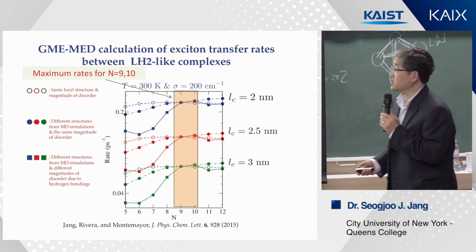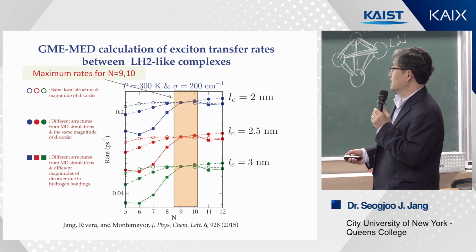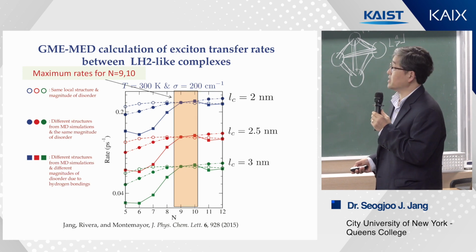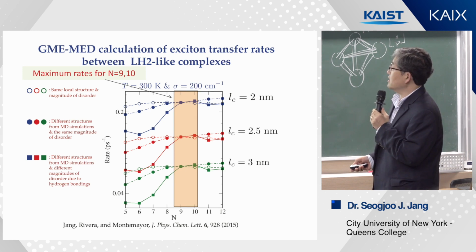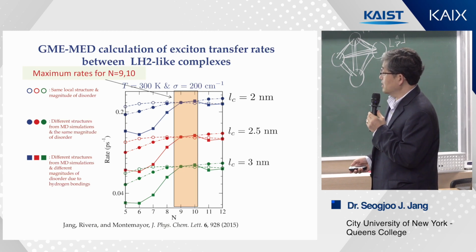Going back to the original synthetic LH2-like complexes, we are interested in how different structural features influence the exciton dynamics between LH2 complexes. And here are some different realizations and examples.